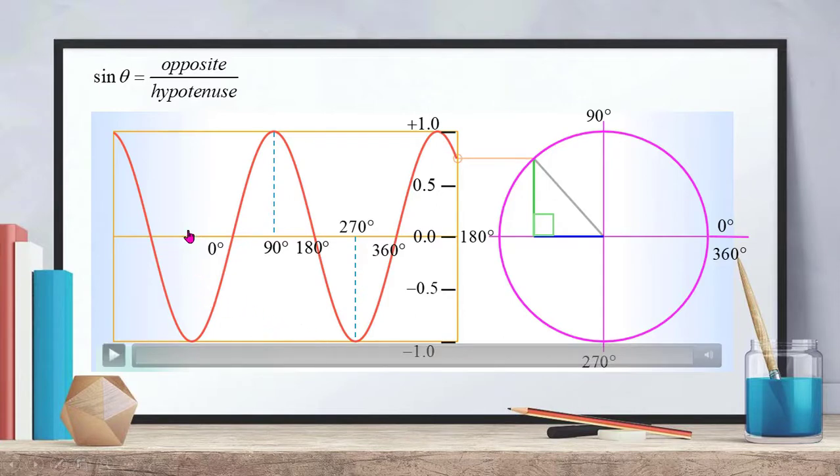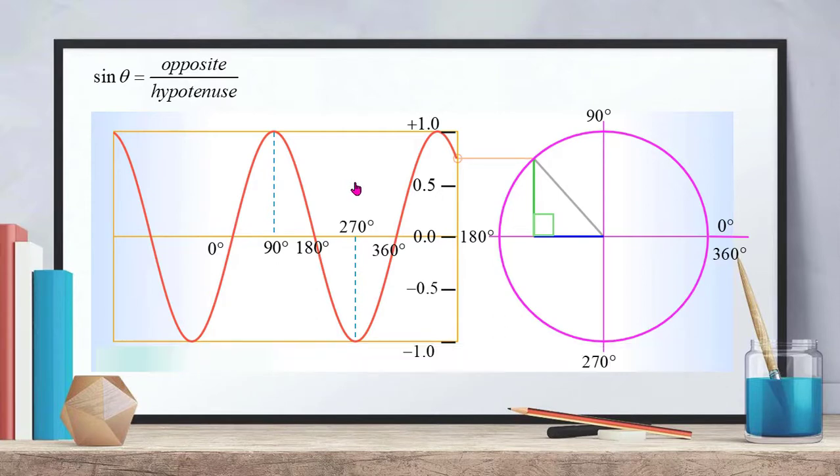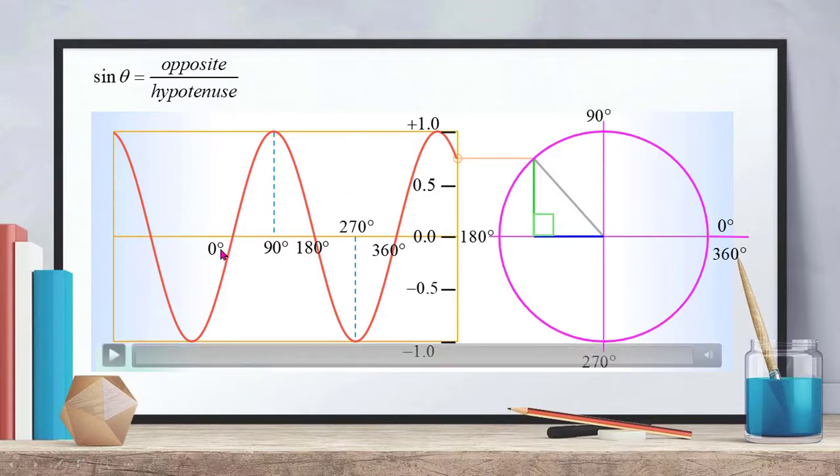So here we've got a curve which we have called the sine, and we are saying that at the angle theta, notice the angles here, we've got 0 degrees at that point, 90 degrees, which is the highest point there, 180 degrees, and so on and so forth.